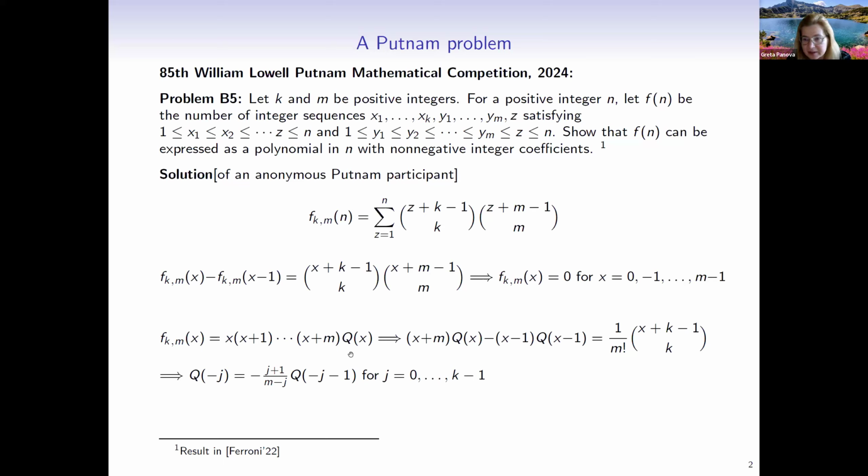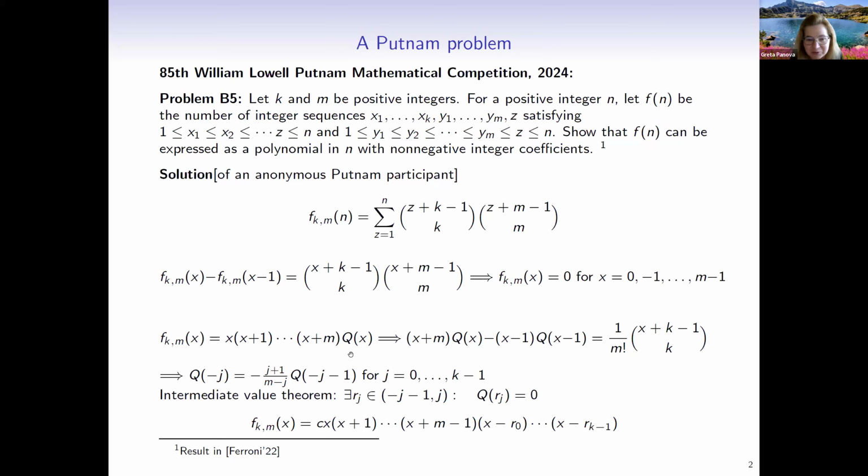The intermediate value theorem tells you it's got to cross the x-axis every time it goes between these two values. So for every interval of j, there is going to exist some r_j such that q(r_j) is equal to 0, and then you can just factor your f_{k,m}(x) completely into those factors.